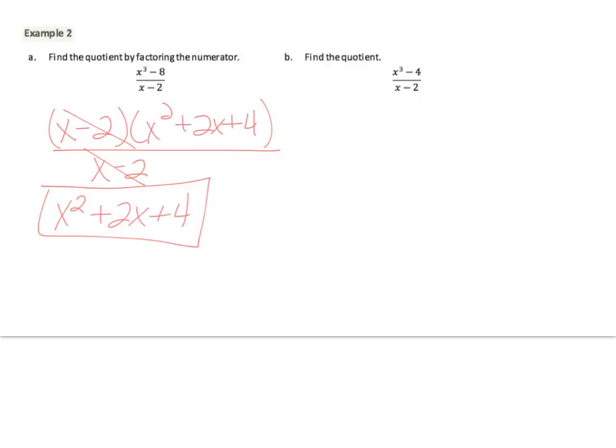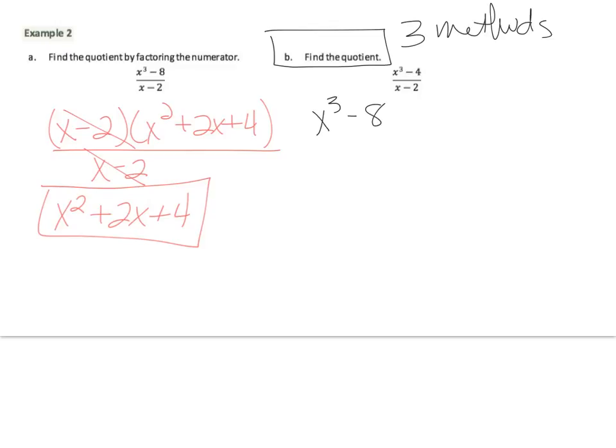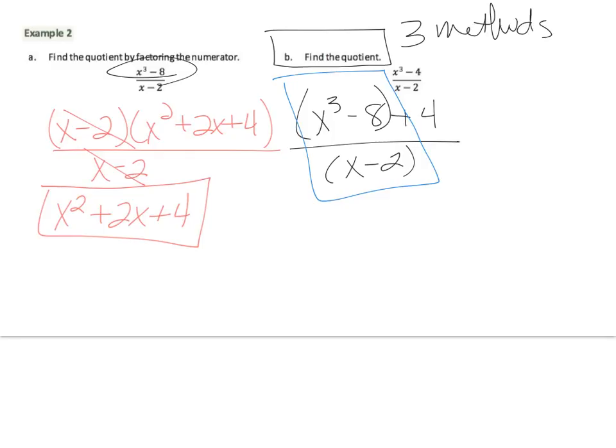When we did example 1, we worked on this type of problem with 3 different methods. Method 1 sort of taught us to play a puzzle with it, see if we can make it into something that we can easily factor. This makes sense to me because we know how to factor x cubed minus 8, and that's what we factored up here. So in essence, this part of the problem we know what to do with.